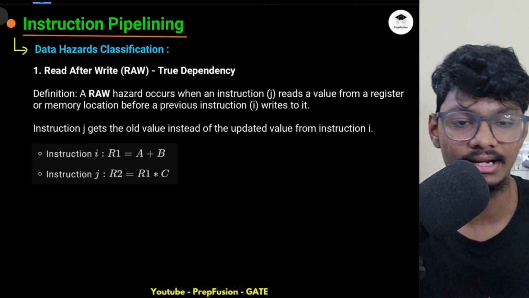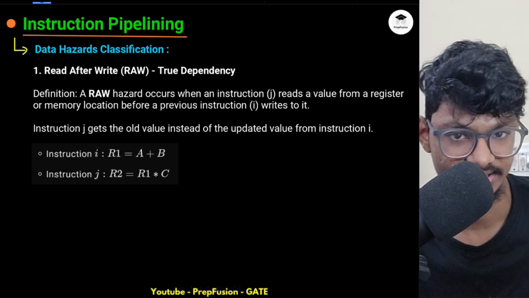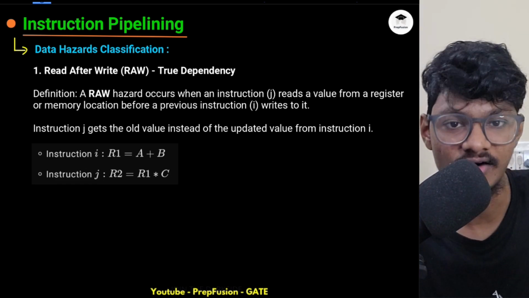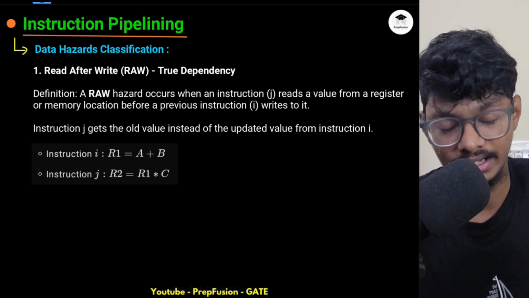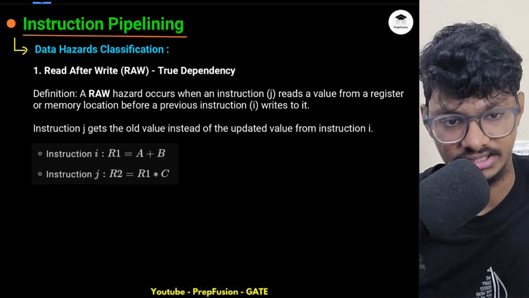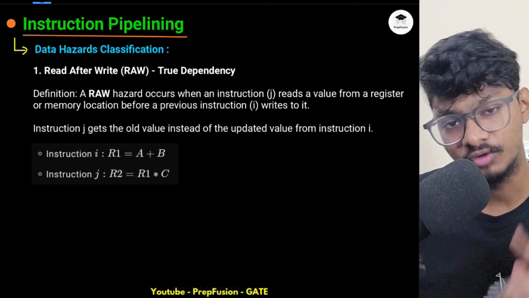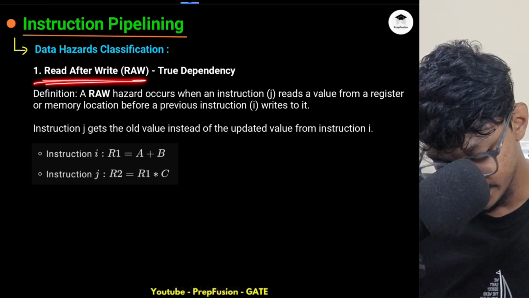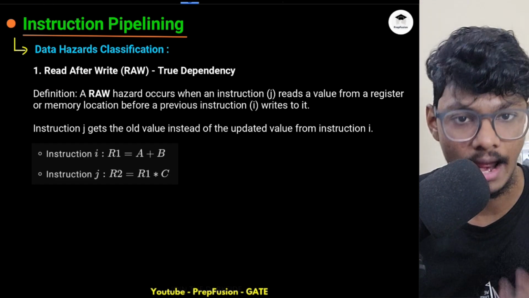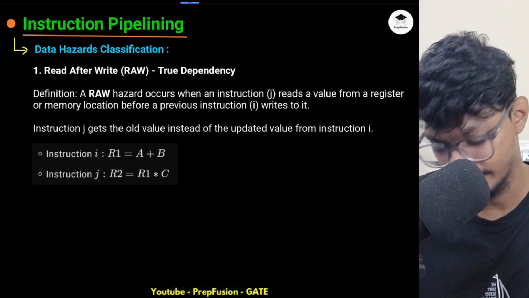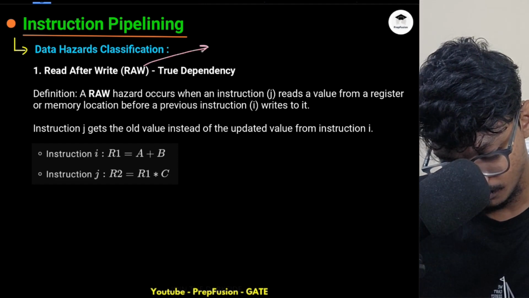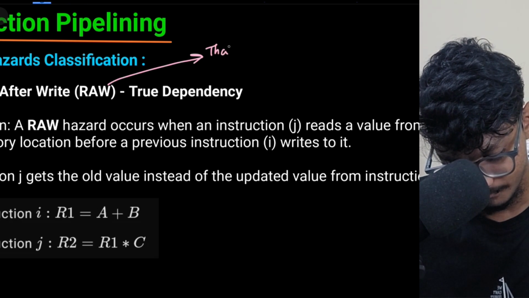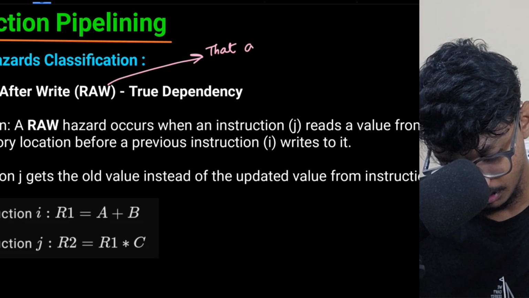Now there are many types of hazards, and many types of data hazard classification. The first one is read after write. Whatever is written, this is what actually needs to happen but is not occurring.